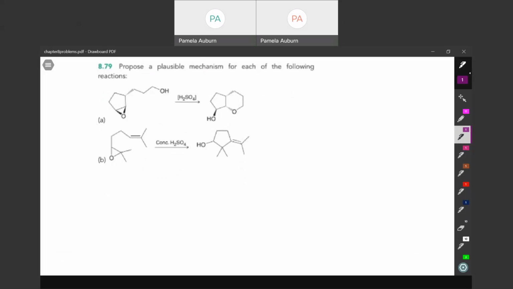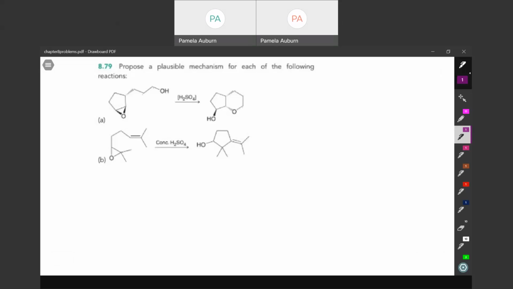So it looks like what I've started here is I have an epoxide, and let me count some carbons. If I count this, I've got 1, 2, 3. So 1, 2, 3. When I look at that, it looks like what's happening is that I'm going to have acid.